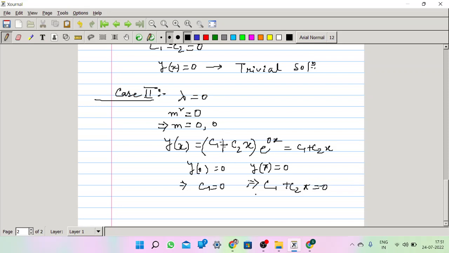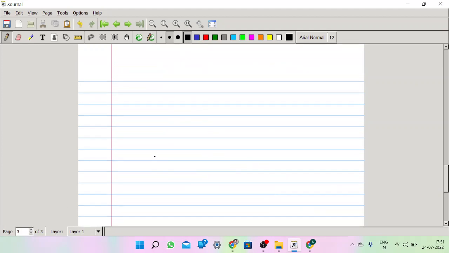Since c1 is already 0, I get c2 pi equal to 0, but pi is a non-zero quantity, so c2 equal to 0. So again in this case I get y equal to 0, which is also a trivial solution, but we are looking for a non-trivial solution.